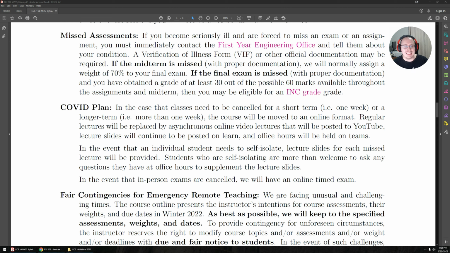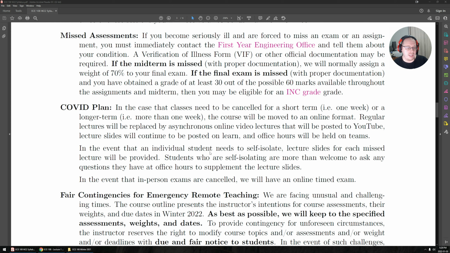If a single student needs to self-isolate while things are still in person, I will not be creating online videos, so you won't have new videos to look at. So just make sure you keep an eye on all the Learn announcements, and keep on top of the lecture slides. And again, attend office hours. That's probably the best way to get information if you have to self-isolate.